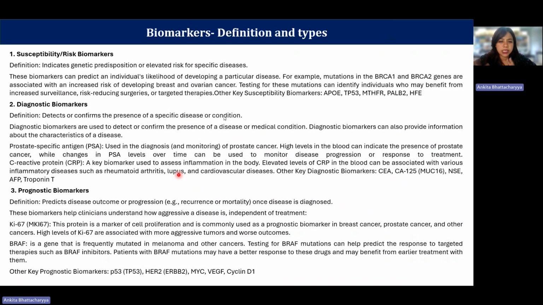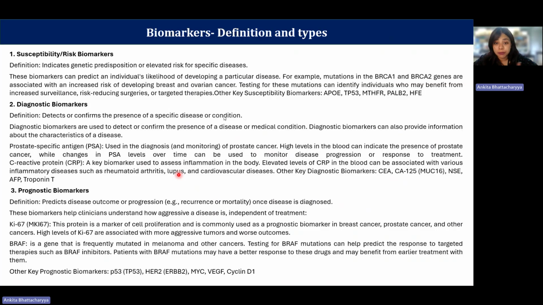So there are lots of individual decisions, biases and preferences that come into play in this case. But our job is to understand how these biomarkers function, how reliable they are, and how much of clinical decision making can actually rely on them.